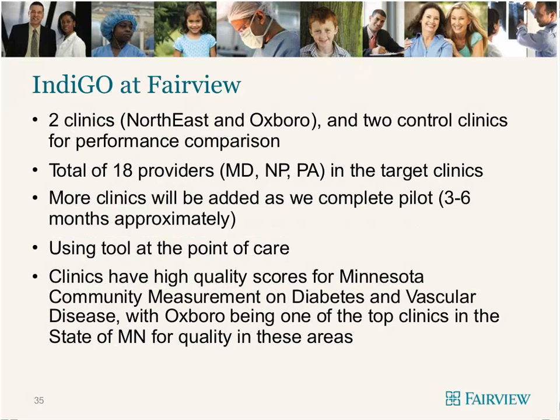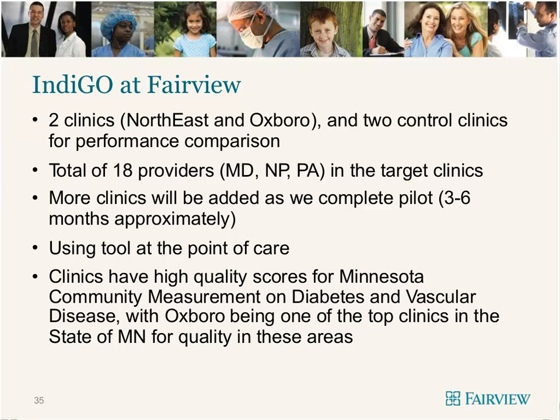And then lastly, we'll be engaging later this spring, as we understand the impact that this has had, particularly on the risk score. I'm really curious to see how we can demonstrate, for example, that our Oxborough clinic has dropped its risk score, I'll make these numbers up, from 1,000 to 750.